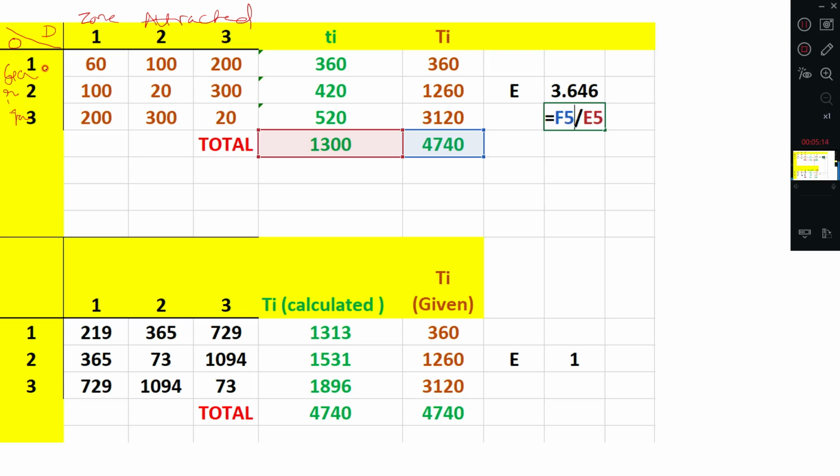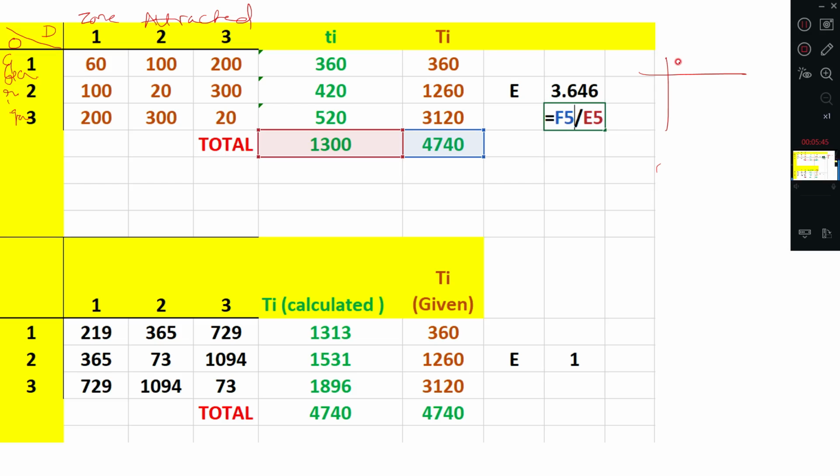So from zone 1 to 2, 100 trips are there. Zone 1 to 3, 200 trips are there. Like this, they will be giving it, and we need to put it in the matrix. So this is trip generation and this is trip attraction. So how do we need to put it? For example, if they mention from zone 3 to 1, then the attracted number of trips is 200. First of all, you need to mark the total number of zones.